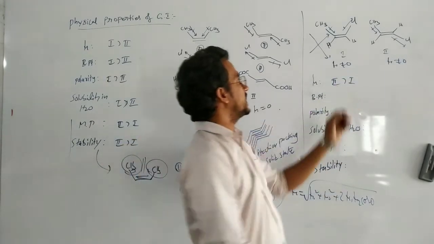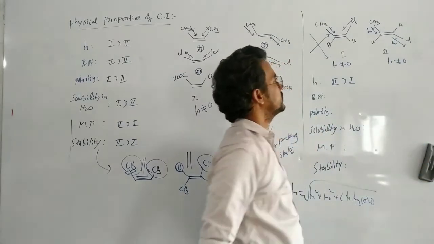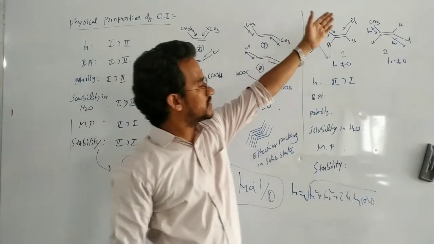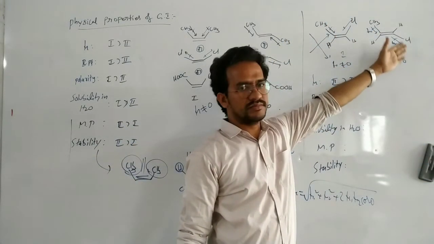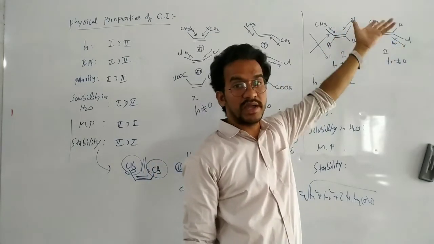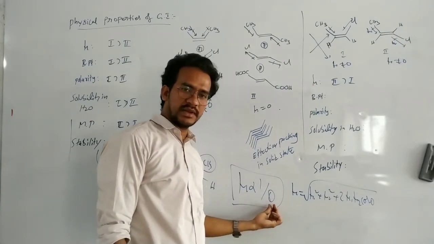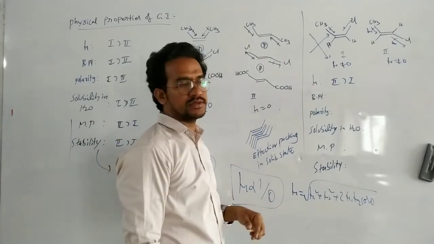So in this case, it is say mu1, it is say mu2. So addition takes place here. Theta is 0 degrees, so the dipole moment is higher. So the lesser the angle, the higher the dipole moment.